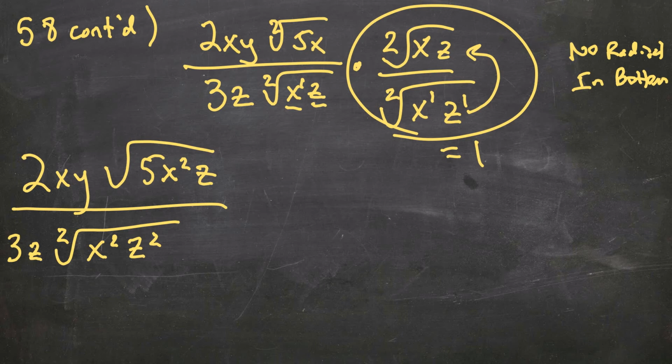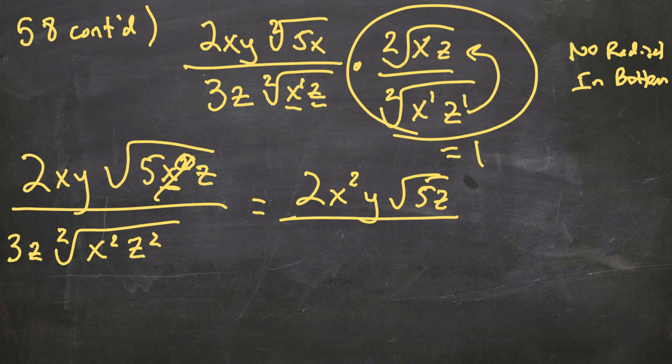Now, once again, same thing, little 2s get to come out of jail, so this x gets to leave. So it becomes 2x squared y radical 5z all over 3z squared, because that z gets to leave, times x.